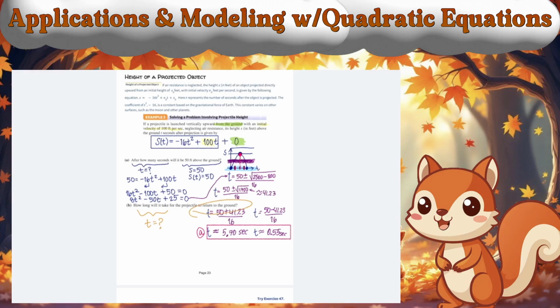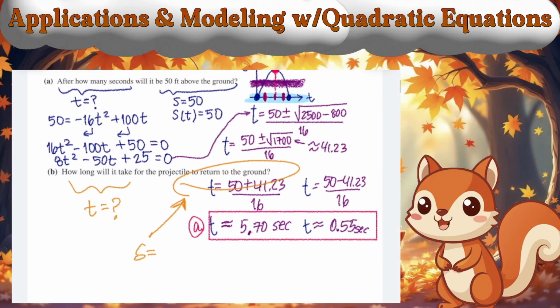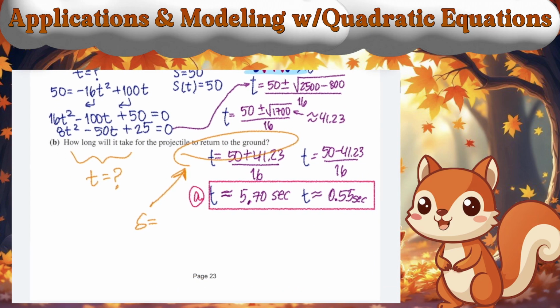That means I need to know what s equals so I can figure out the value of t. Well, if it's on the ground, s equals 0. So 0 equals, that's going in for our position or height, 0 equals negative 16t squared plus 100t. And that's it. It's already equal to 0, so now we can solve.